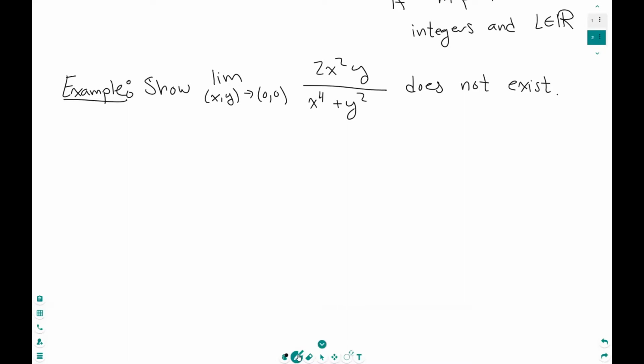Okay, so this is a little bit different than the other examples we were talking about. Now we're trying to show that the limit of this thing doesn't exist.